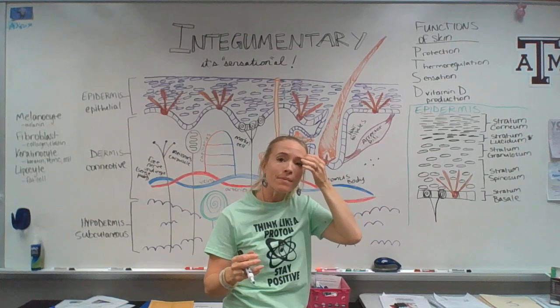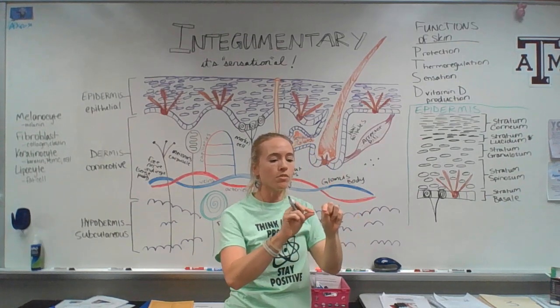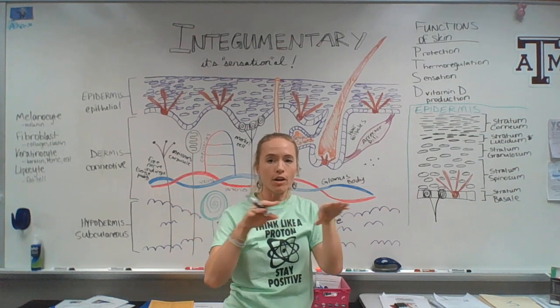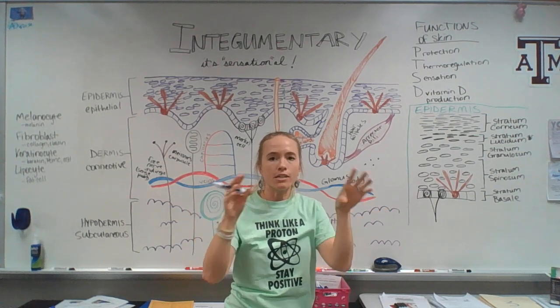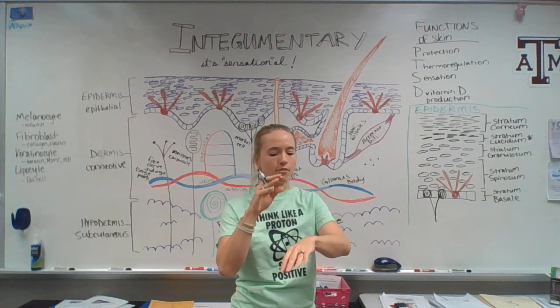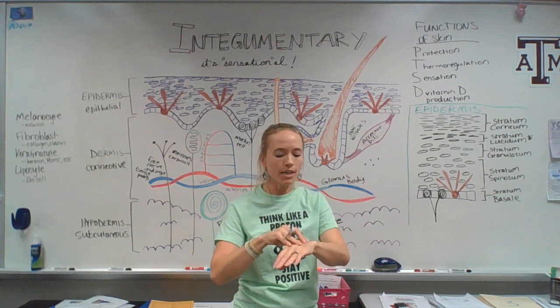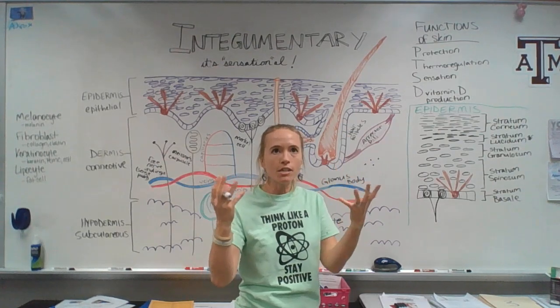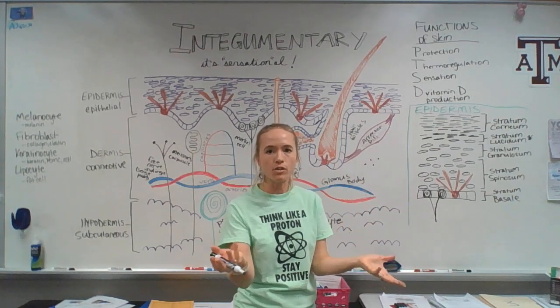The stratum corneum is all the cells, they're completely dead and they are very flat, and this is where they begin to flake off. Very helpful for our immune system because a bacteria can never attach and start to grow on our skin if we're constantly flaking off. That is a genius strategy for defense.